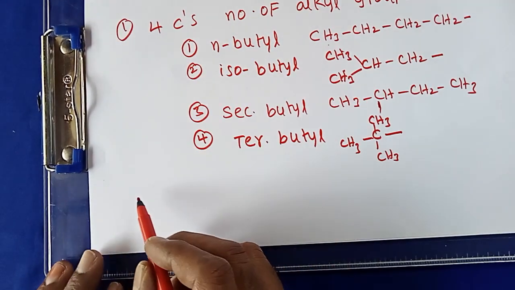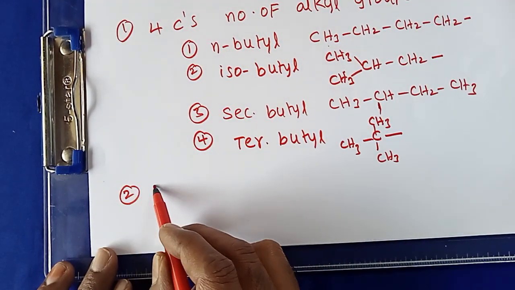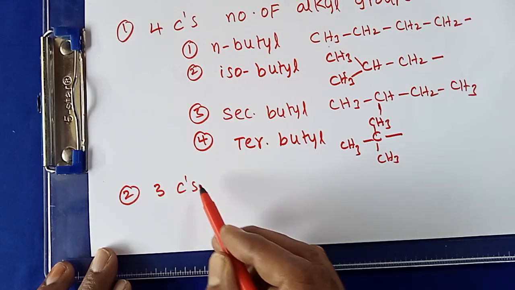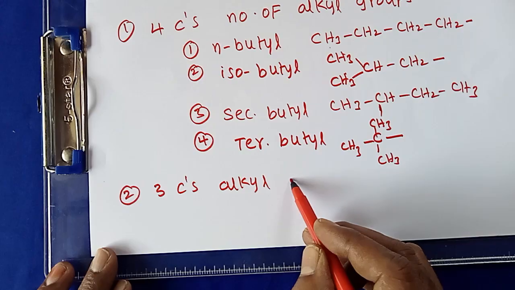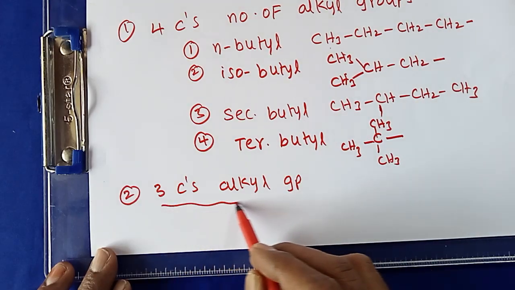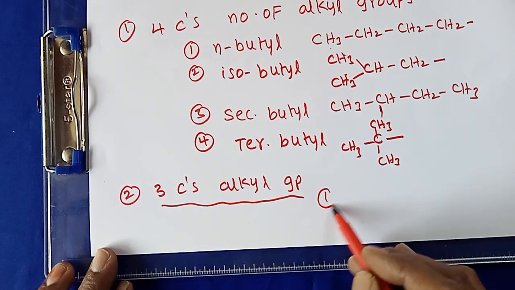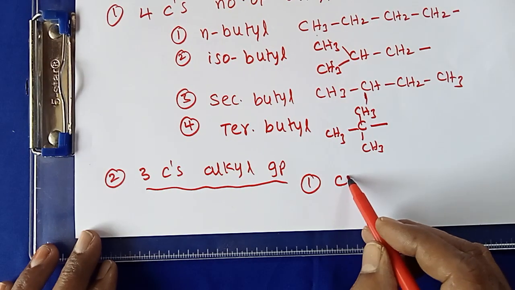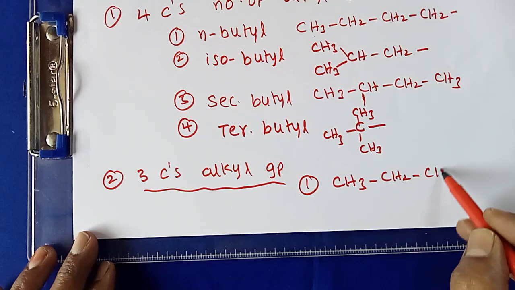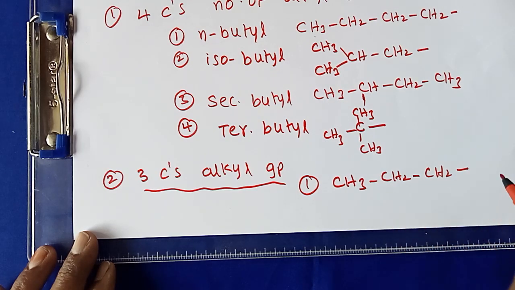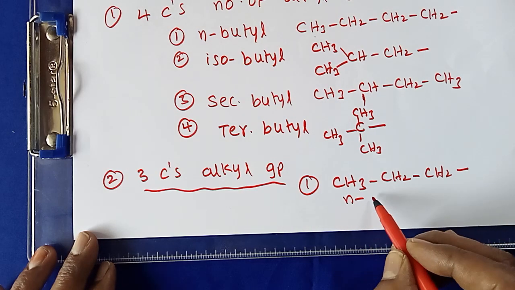Next fundamental basic point, second point: 3 carbons alkyl groups. How many? Only 2. One is CH3, CH2, again CH2, open bond. What is this name? It is N-propyl.